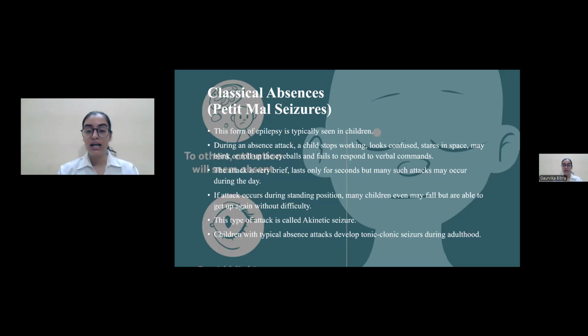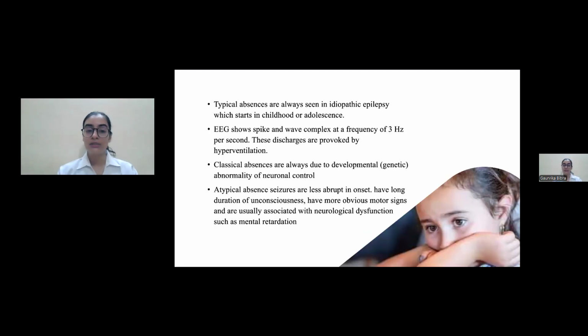Now, these kinds of attacks may also be reported by the teacher to the parents of the children, as the child is in school, and these attacks may occur, like he or she could be staring at the whiteboard or something and would not respond to the teacher calling out his or her name. The typical absences are always seen in idiopathic epilepsy, which starts in childhood or adolescence.